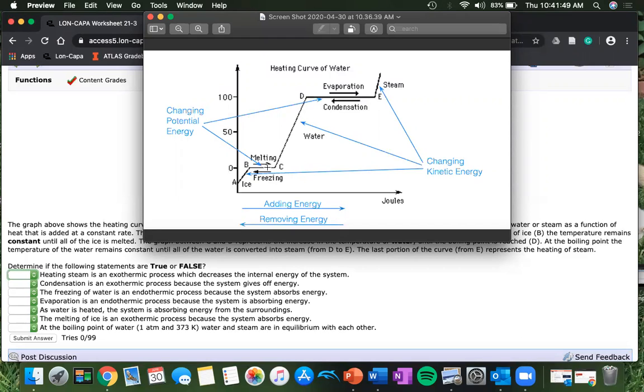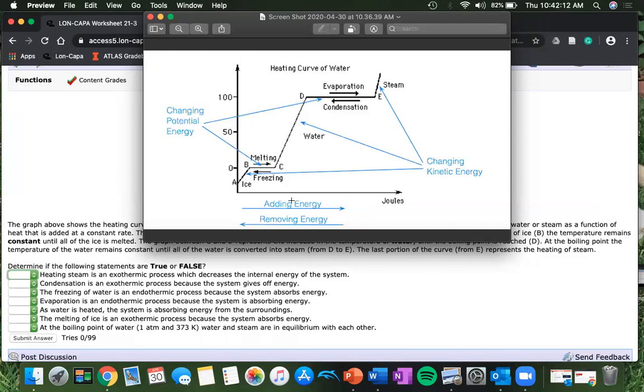When we start to change the phase, so when we make ice melt or we make water freeze, notice that it all occurs at 0 degrees Celsius, so the temperature isn't changing there. Because the temperature is constant, we're not changing the kinetic energy, but during this melting process, we're still adding energy, as in heat.